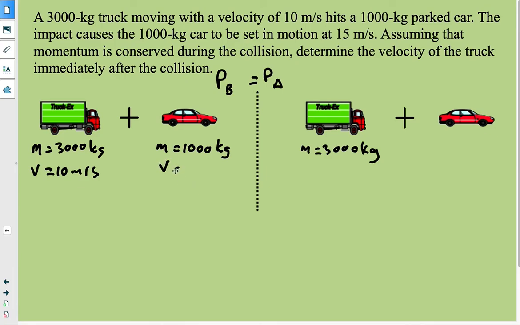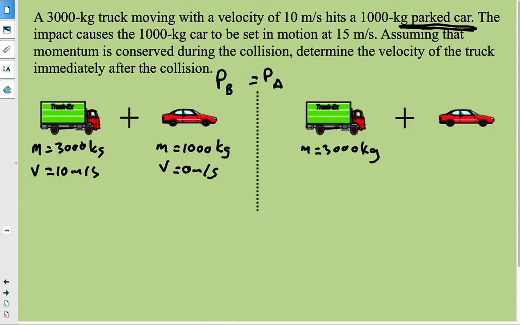Now the starting speed of the car is 0 because it says in the problem that it's a parked car, right? So I have the 3,000 kilogram truck moving at 10 meters per second, heading towards this parked car. Car has a mass of 1,000.